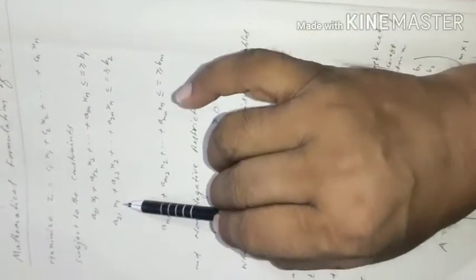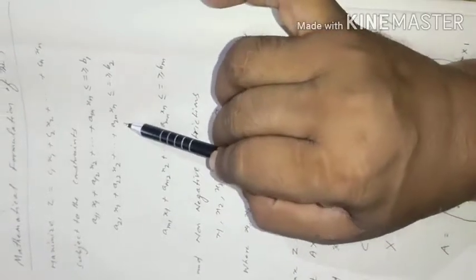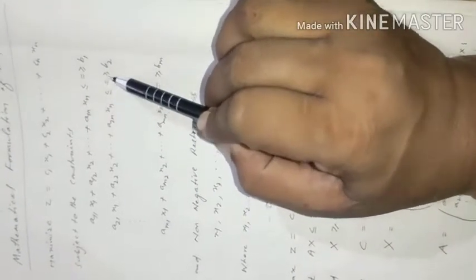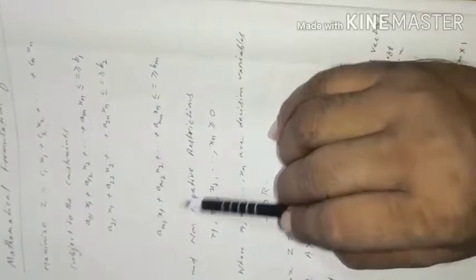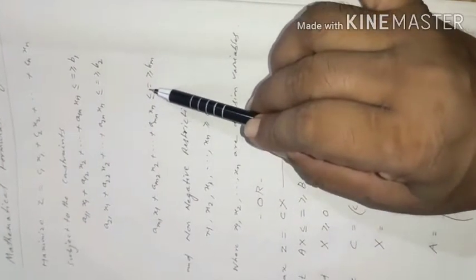Similarly, a21x1 plus a22x2 plus a2nxn less than or equal to, equal to, or greater than or equal to b2, and so on, am1x1 plus am2x2 plus dot dot amnxn less than or equal to, equal to, or greater than or equal to bm. And the non-negative restrictions are x1, x2, x3 dot dot xn greater than or equal to 0.